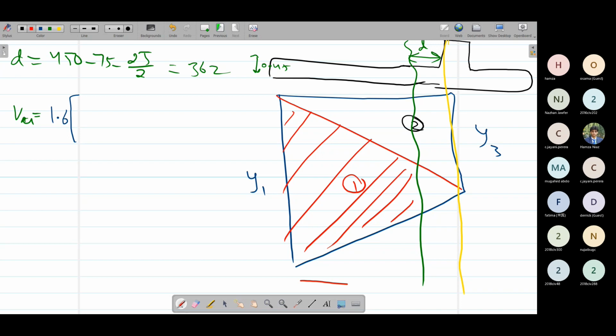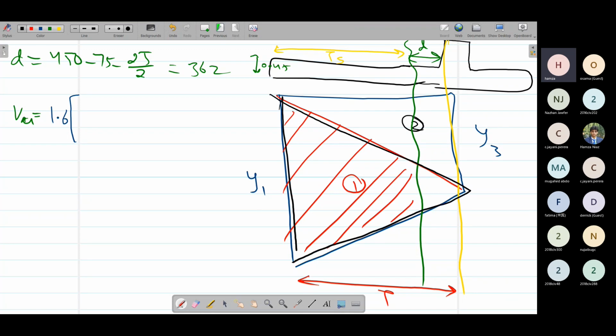This one we know as T, and we can name this as TS for thickness for shear. So the larger triangle, the whole triangle area would be simply half into base t into height y1.